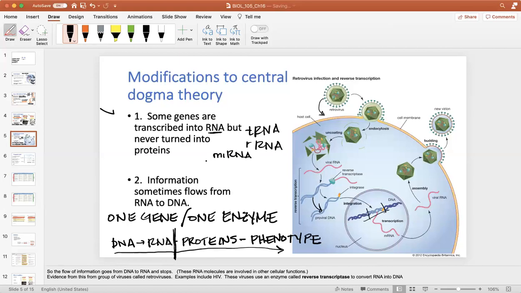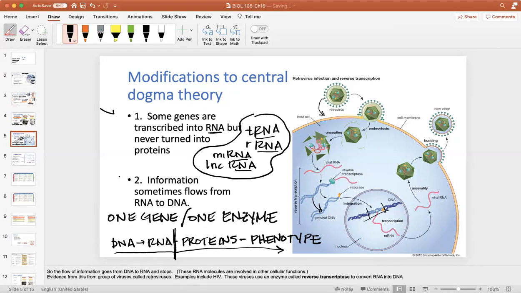And we may even talk about something called long non-coding RNAs. So these are various RNA molecules that are transcribed from DNA, but we don't turn them into proteins because these all by themselves have functions within the cells. So that's one modification to the central dogma theory.